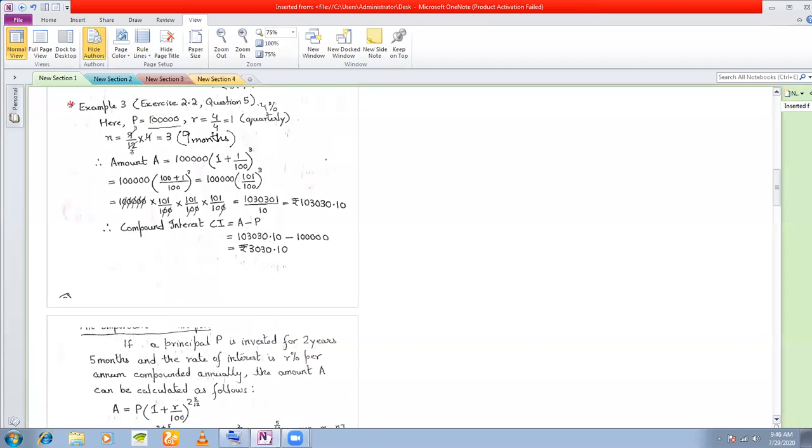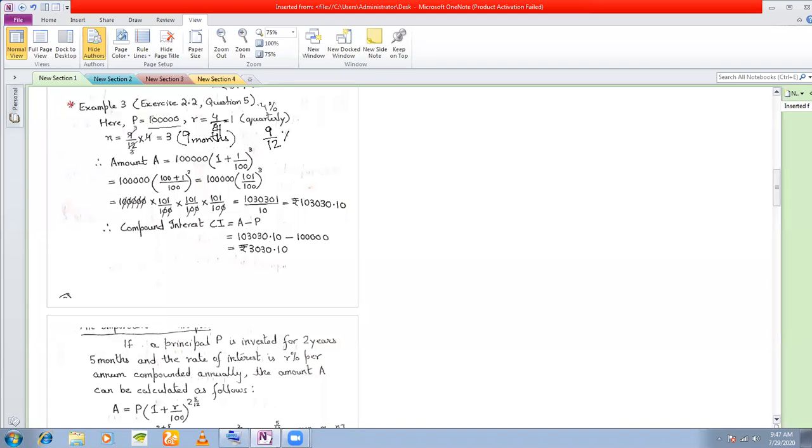So what we must do is divide the year into 4 parts. If the interest is compounded quarterly, that means every 3 months the interest is being given. So we divide the rate by 4 and we multiply the time by 4. But since the time is given in months, first we convert it into a year. 9 months is the same as 9 by 12 year.